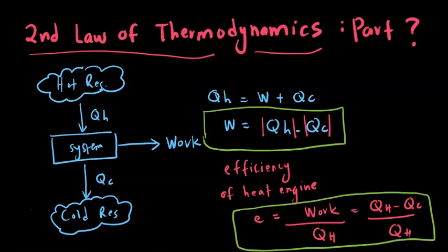So the efficiency of a heat engine tells me the amount of work that the heat engine can do for me over the amount of heat energy that I need to supply to the heat engine. Or in simpler terms, efficiency of your body is the amount of jogging that you can do over the amount of food that you need to eat.